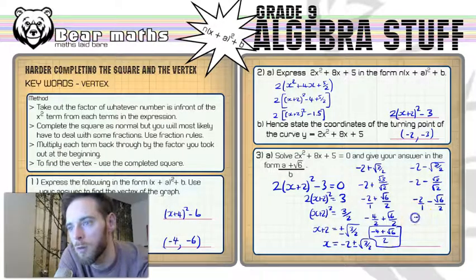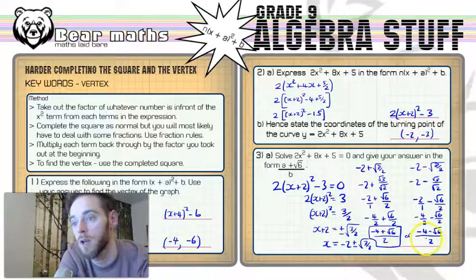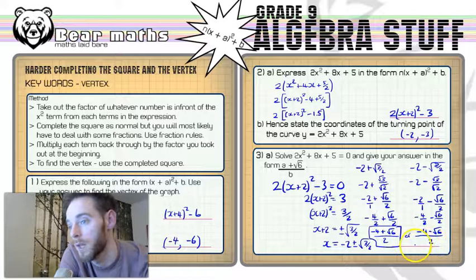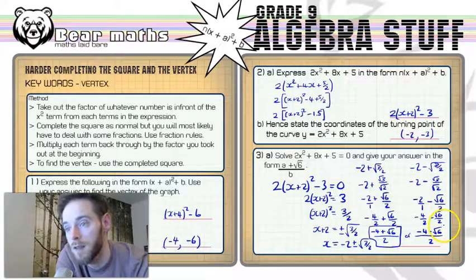Make the denominators common, so minus 4 over 2 minus root 6 over 2, and then the other answer, x equals those two things, or minus 4 minus 1 root 6 over 2. Okay, and we can't divide everything by 2 because that's just 1 root 6. If it was 2 root 6s, we could divide everything through by 2, but it's not. All right, so there we go. That's it. There you have it.